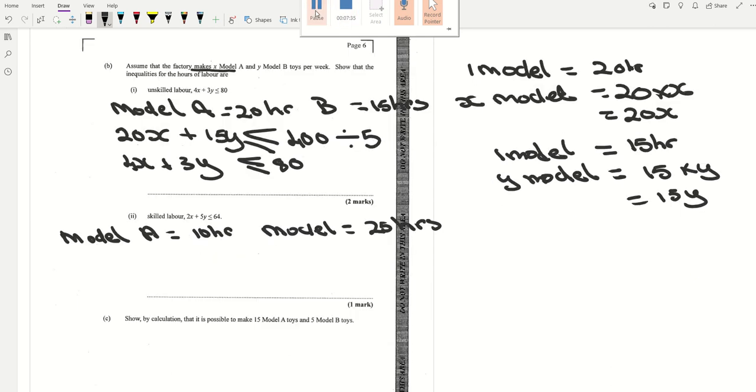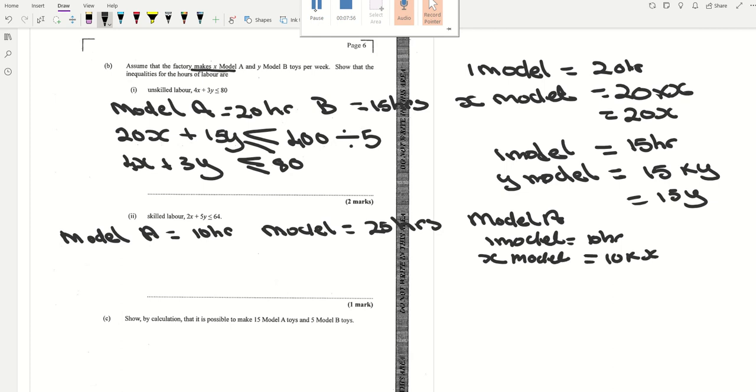Let us just do it. So we know, and this is for model A, right? One model is equal to 10 hours. So for X models, it would be 10 multiplied by X, which is equal to 10X.